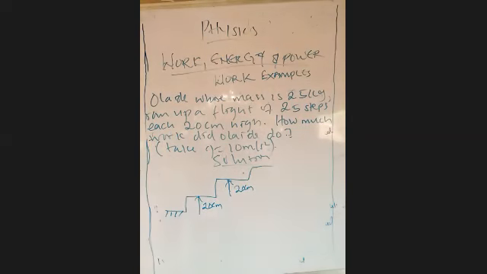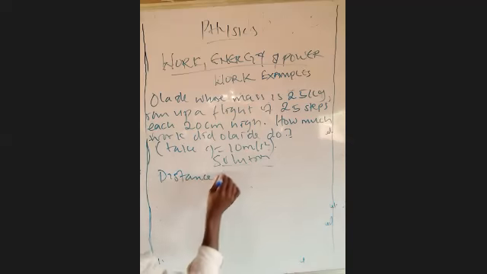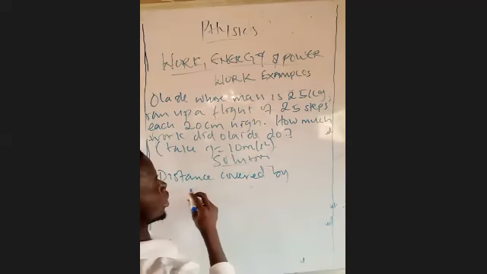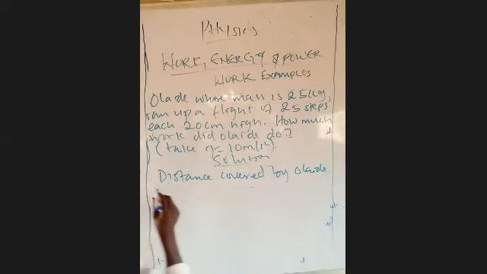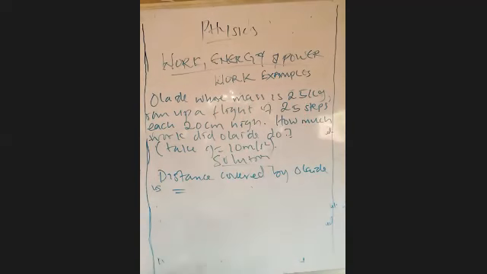Now, let us look into it. To know the distance covered by Olaide, because we have to know the distance covered before we can know the amount of work done by Olaide, the distance is equal to the 25 steps times the height of each step, because he climbed 25 steps and each step is 20 centimeters. So that is 25 times 20 centimeter.